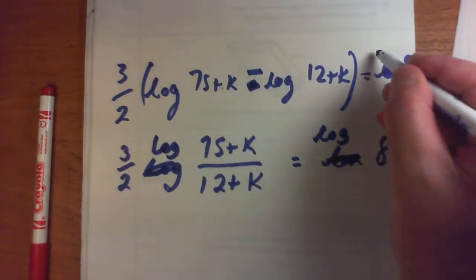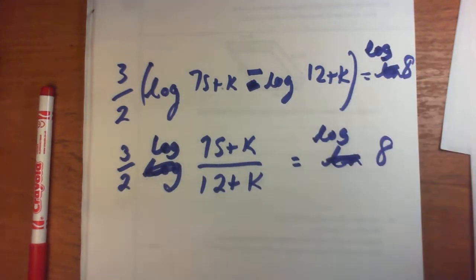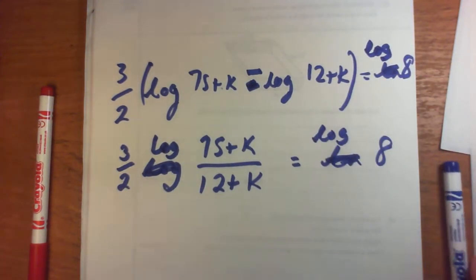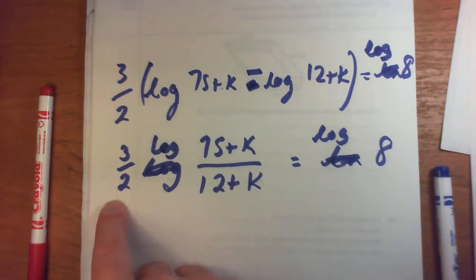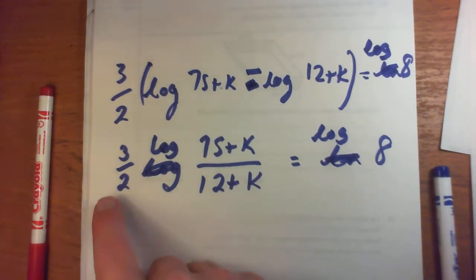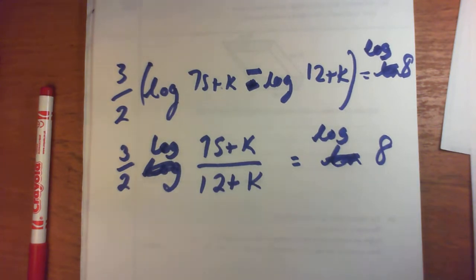Sorry, I'm getting mixed up here as well. Right, I cannot anti-log that straight away because you need to have a log on the left-hand side equals a log on the right-hand side. But you've got a 3 over 2 here. It's not a straightforward log. So what a lot of people would then do would be to stick it up on top here.